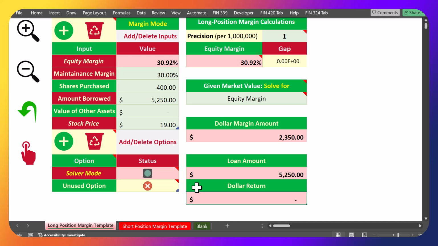Dollar return. Originally, she bought 400 shares at $30, which was 12,000. She borrowed 5,000, so she put in $7,000.